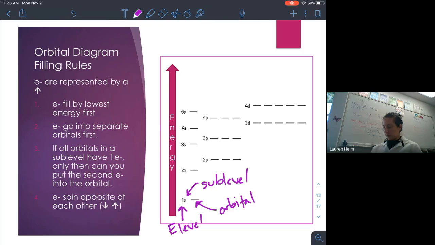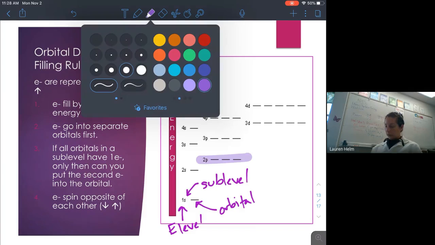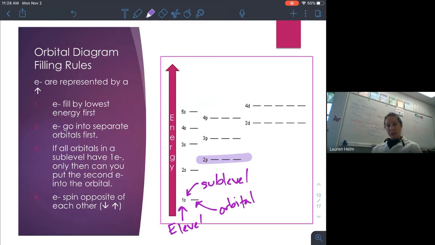So if I'm looking at 2p with 3 lines, that's telling me second energy level, the p sublevel. The p sublevel has 3 orbitals, so I have 3 lines. Every orbital can hold 2 electrons, so I could draw 2 electrons there.